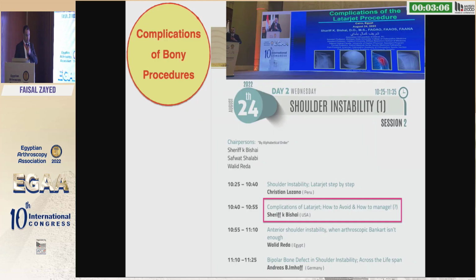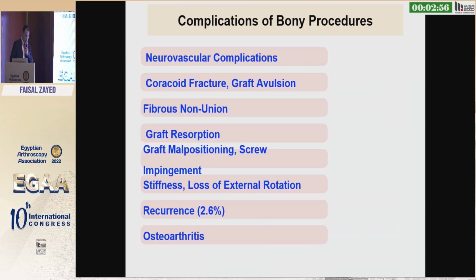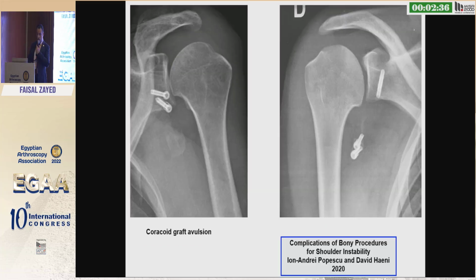Complications of bony procedures were discussed yesterday by Professor Sherif Bishai in the shoulder instability session, but we can summarize them as follows: neurovascular complications, coracoid fracture, graft avulsion, fibrous non-union, graft resorption, graft malpositioning, screw impingement, stiffness, loss of external rotation, recurrence, and osteoarthritis.